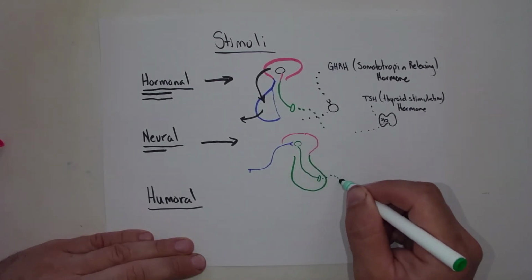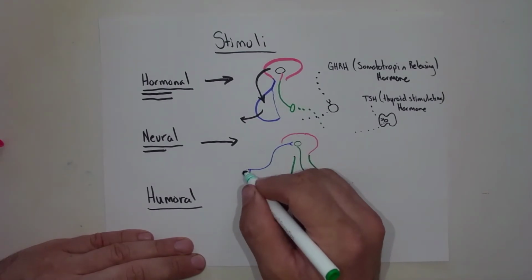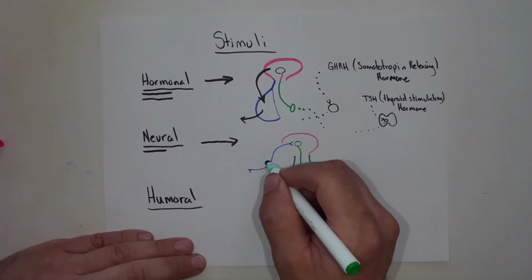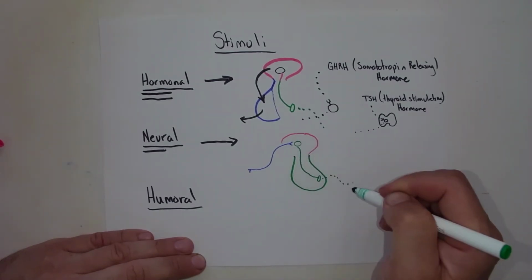It was the stretching or the nervous system synapsing on that cell that caused the release.